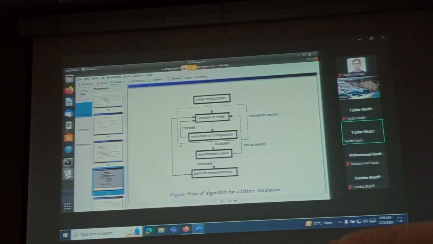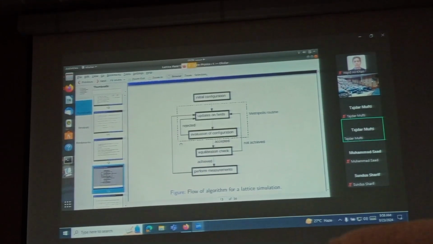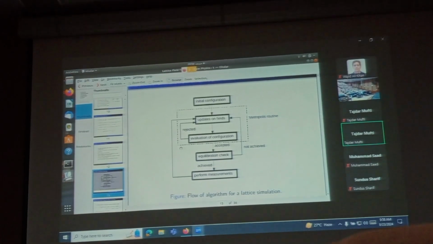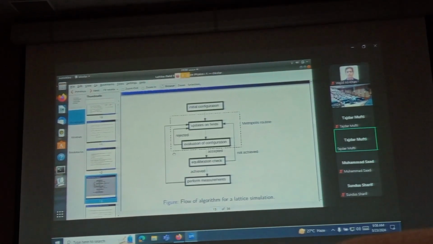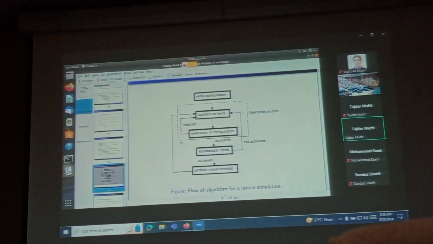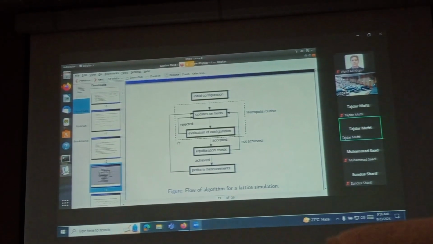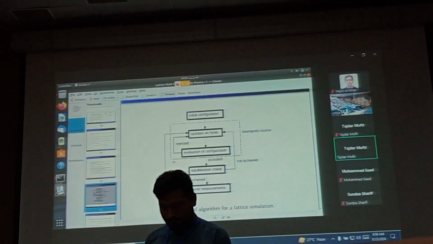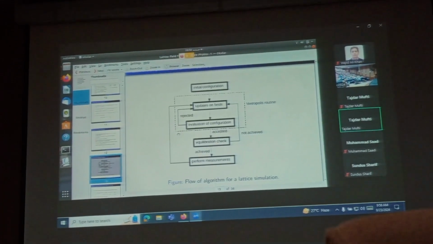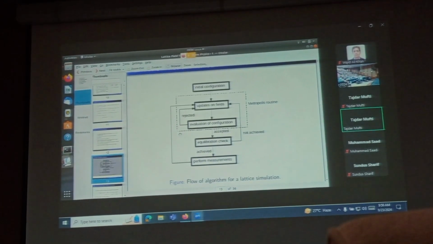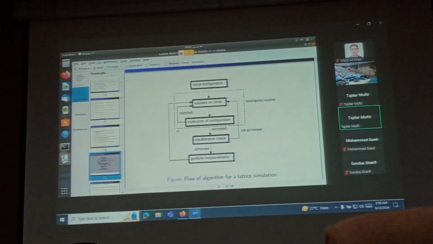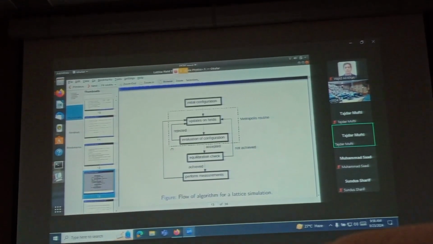Once you have made enough updates, you evaluate if this is good enough, and if so, you proceed to see if the initial starting point has been forgotten or not. If it has been forgotten, you proceed to the measurement. If it's not, or if the configuration is rejected, you go back and make another update. And this is how the code works.